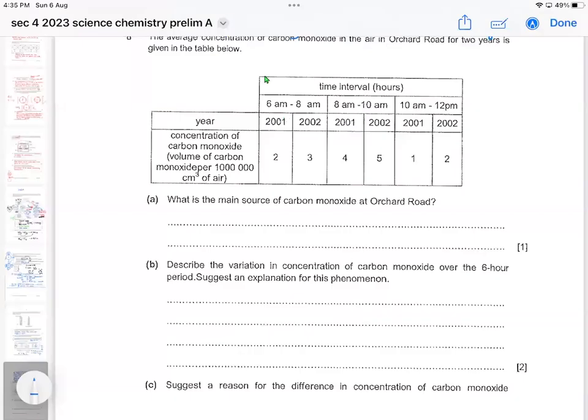Carbon monoxide production, there's only one. You have to say incomplete combustion. There's no other way. So at Orchard Road, we are talking about cars and everything.